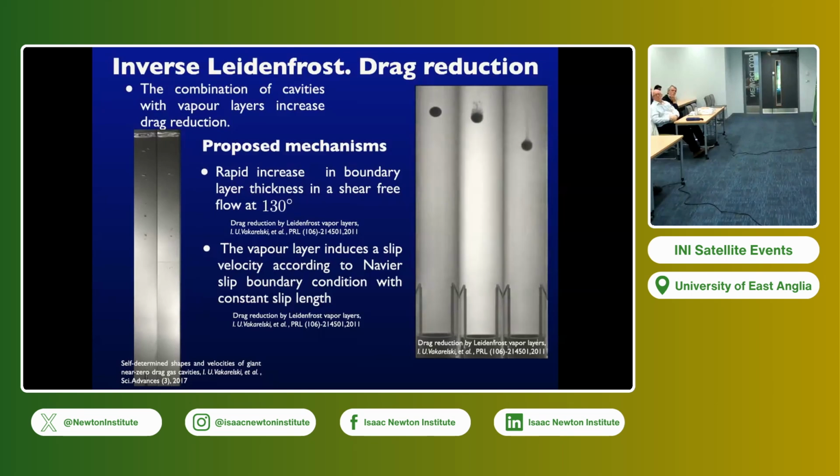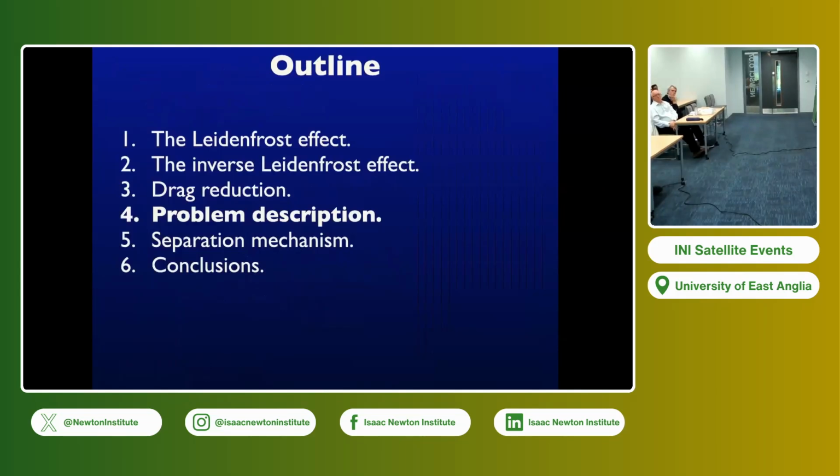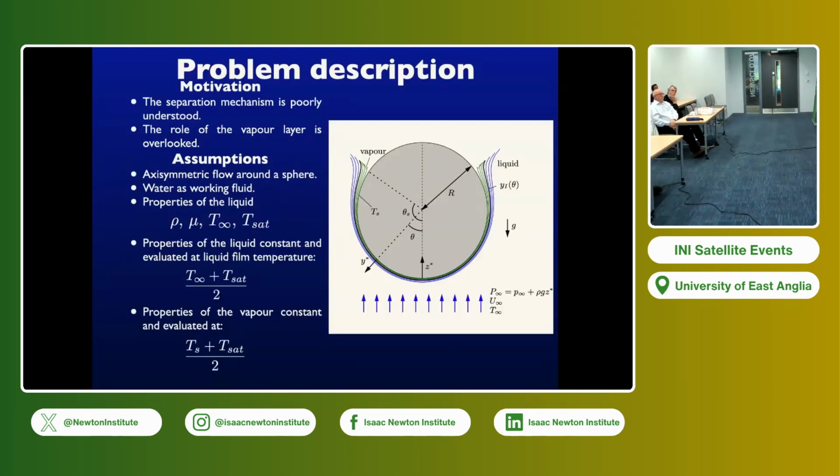So for us, the mechanisms that were explained were not convincing, and then we decided to describe the problem in a theoretical manner, to see what we can bring to understand these experiments. So this sketch here is the configuration that we studied.